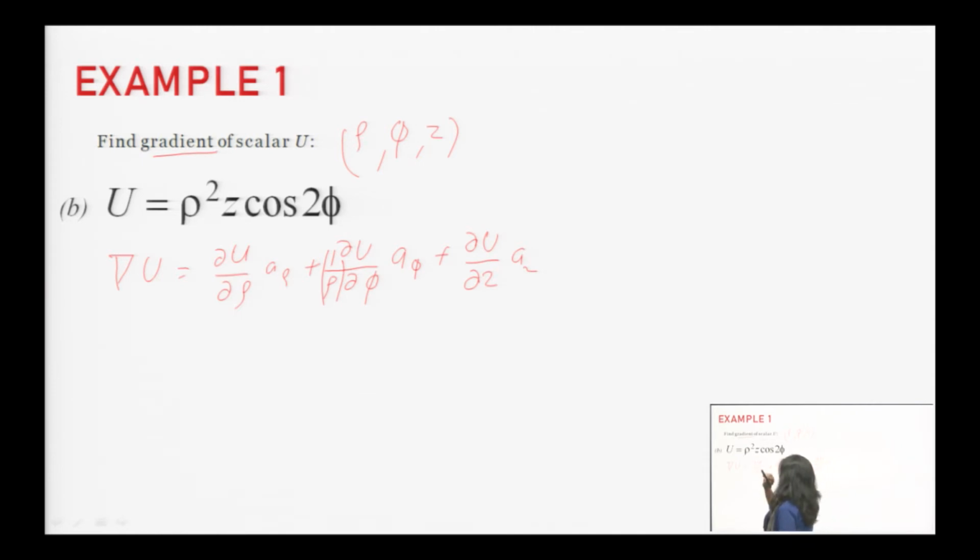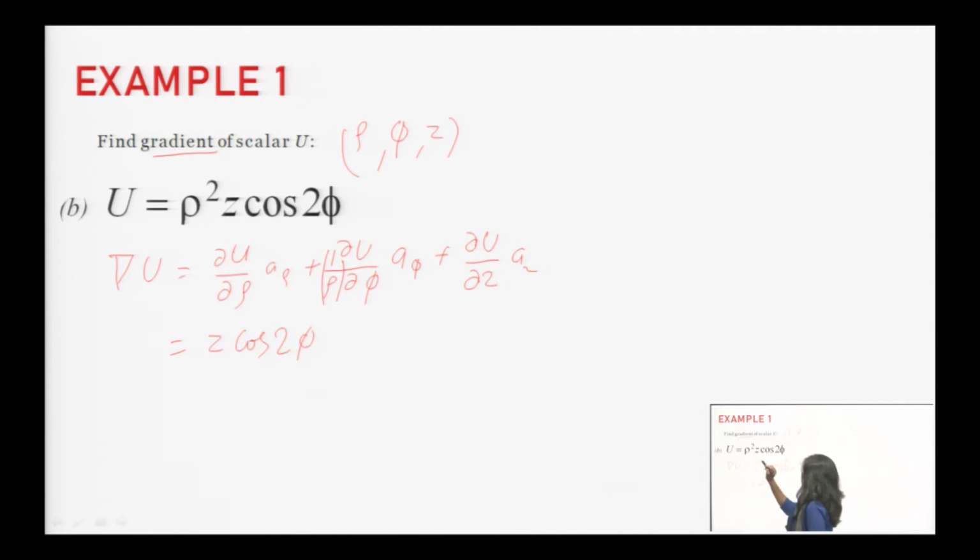So here is the function u. First of all we need to differentiate this u with respect to rho. All other things except rho will act as constants. So we will write those first, that is z cos 2 phi, which is acting as a constant.